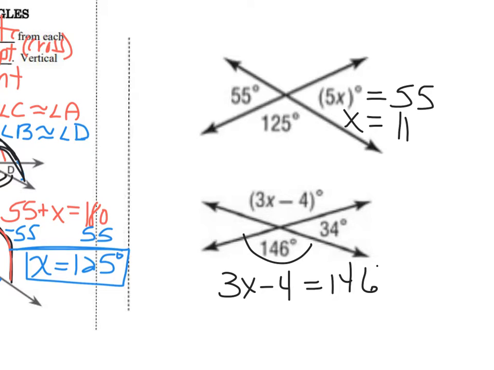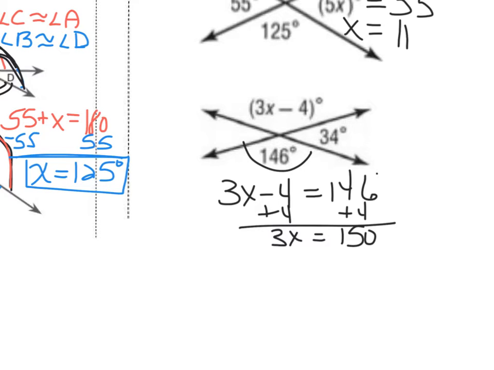So then you're going to add 4 on each side. So that's going to be 3x equals 150. And then you're dividing 150 by 3. So x will equal 50.